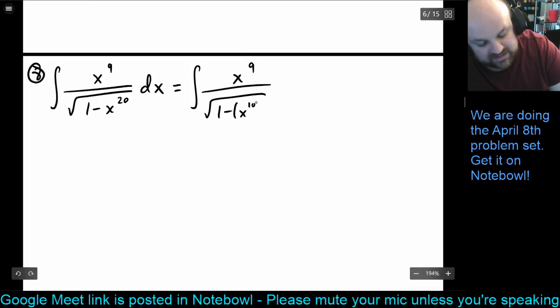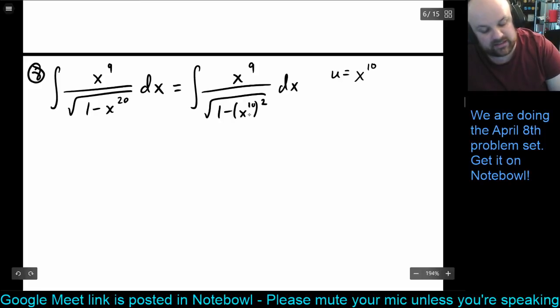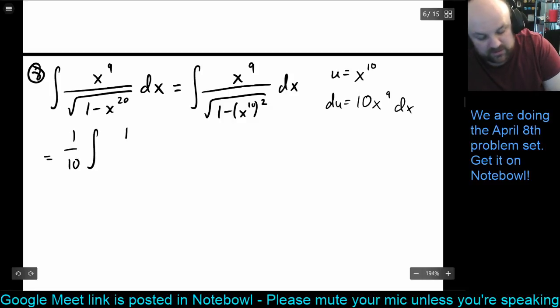if we put this as x to the 10th squared, this should remind you a little bit of arcsine. So if we say u is x to the 10th, that's what's really causing the problem down here. Du is going to be 10x to the 9th. Then this integral becomes 1 over 10 integral 1 over square root 1 minus u squared du.